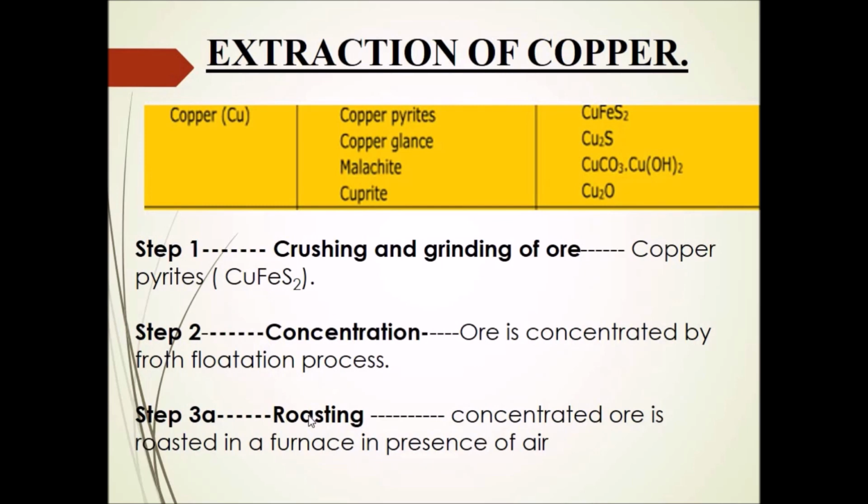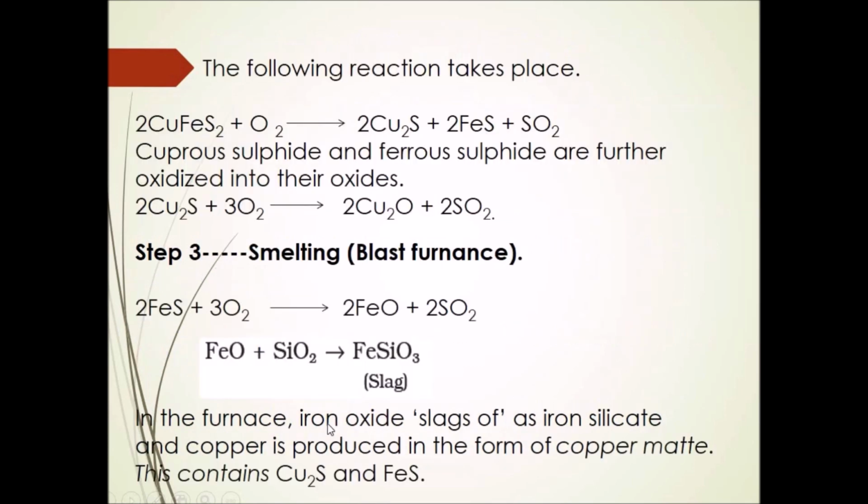Heating this concentrated ore in a furnace in presence of air is called roasting. Since it is a sulfide ore again, we are going to subject this to roasting. Sulfide ores are always subjected to roasting. What are we doing in this step? We are trying to convert the ore into its oxide form. How to convert? By the process of roasting.